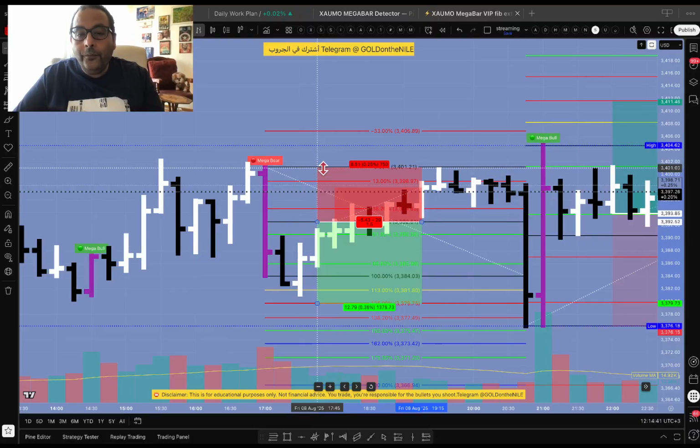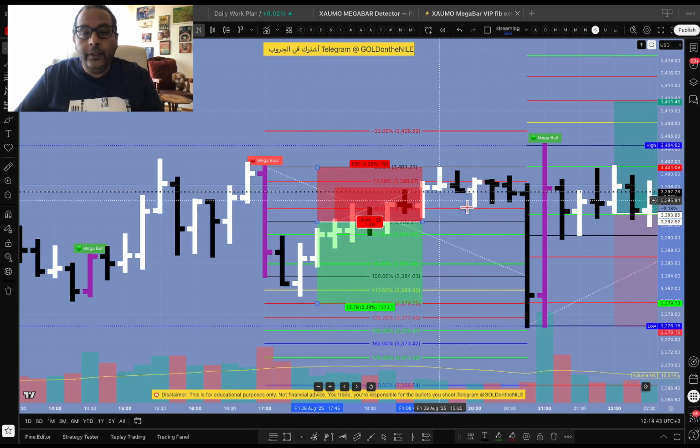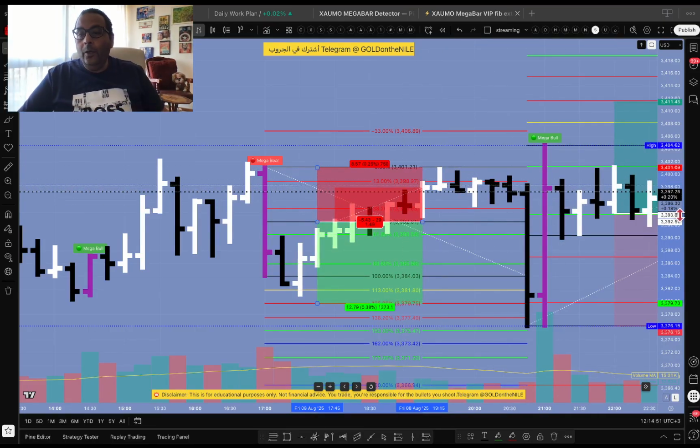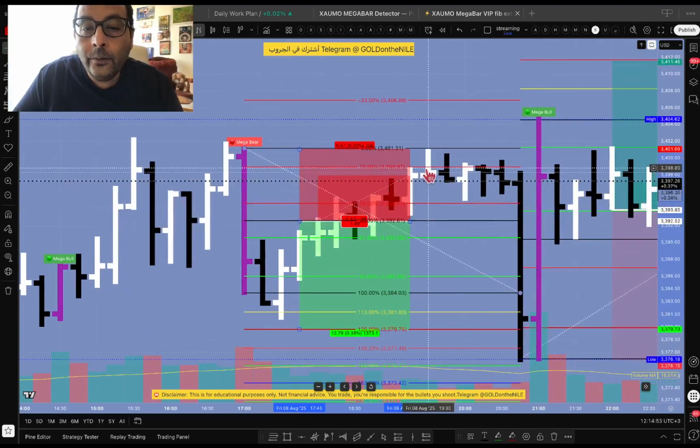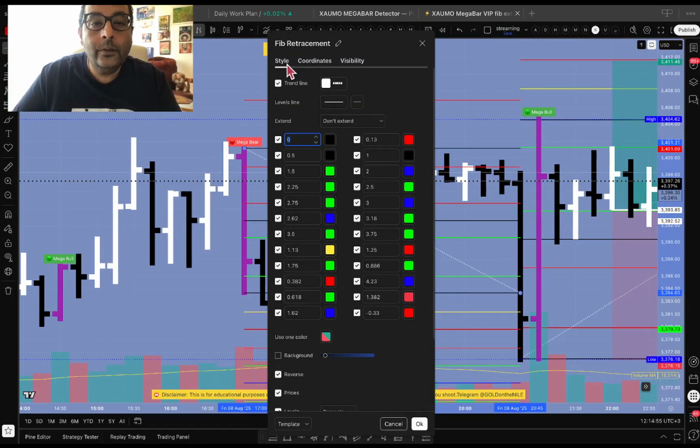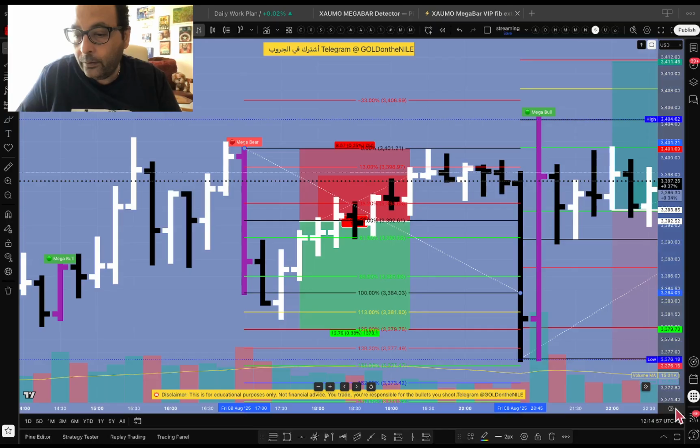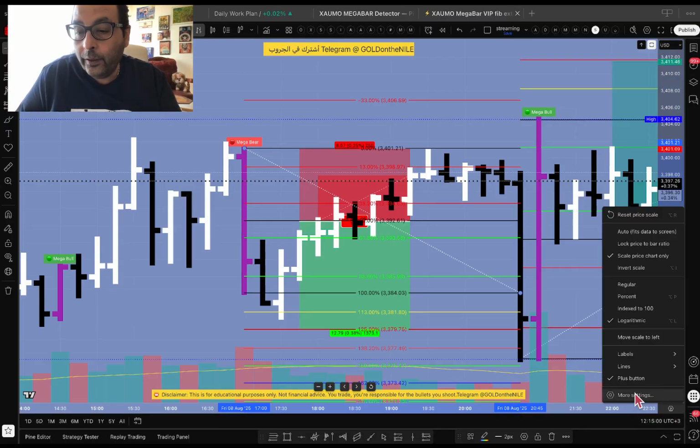If you see the 3401, let's check this bar here. This bar we went to 3401. Here's 3401.09. Let's do it here so you can check it. Hold on a second to make sure that we are on the right track.